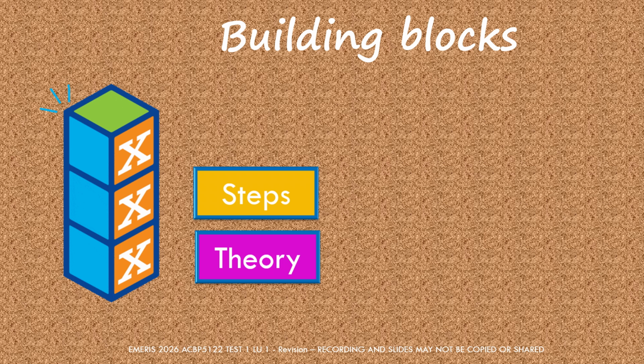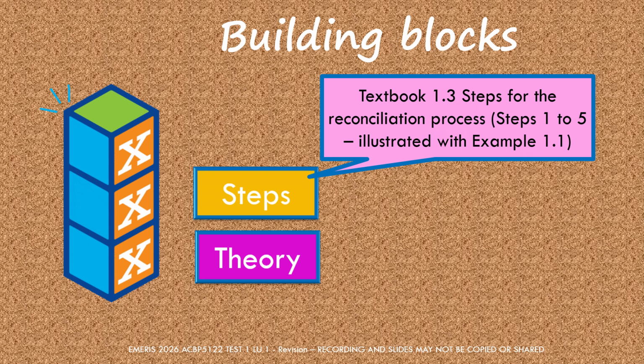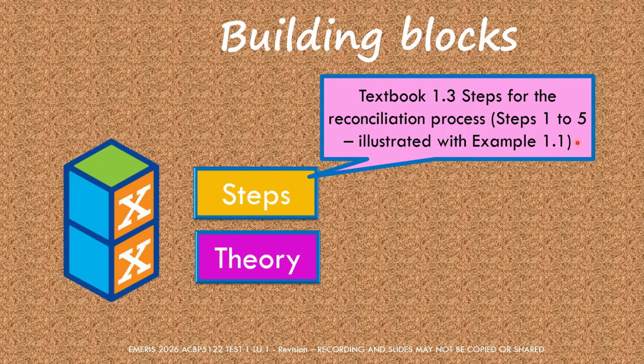Where can you look to find these steps? They're actually in 2 places in your textbook. If you look at example 1.1, you will find that this example has actually been done using 5 different steps. They start with the step and then they show you what the step looks like with the information in the question.